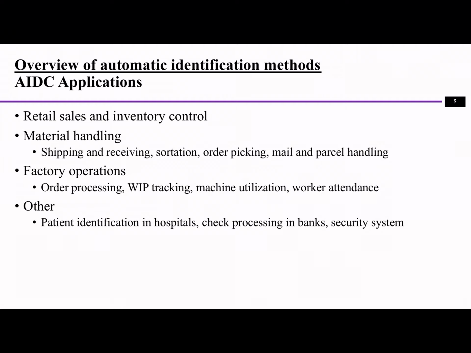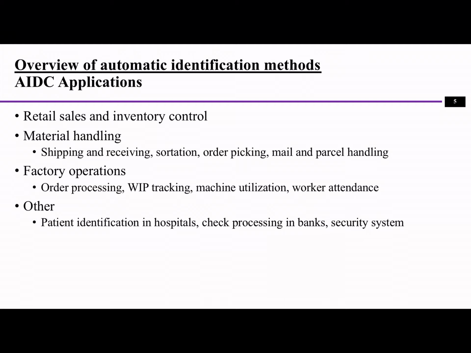For the applications, it's not only in manufacturing but also in a lot of other places. For example, in retail sales, inventory control, material handling, shipping, receiving. Basically it's everywhere that requires data collection. For example, if you go to Walmart or Costco, you can see people using a scanner to scan the barcode, and then it automatically generates the information for the item.